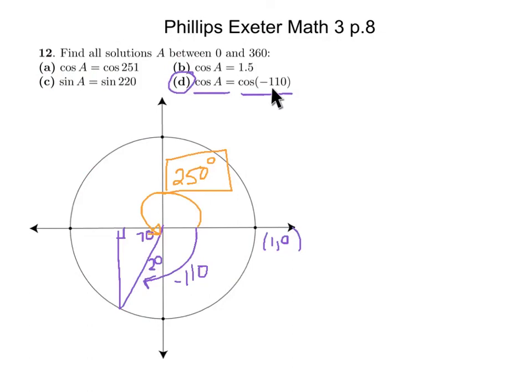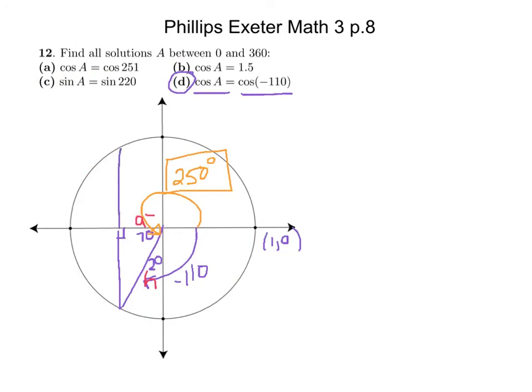Now we have to use the idea of cosine. Our cosine here, from the 70, the adjacent side is negative, and the hypotenuse is positive always. So now we have to figure out which other reference triangle we're going to use here. Well, we still want an adjacent side that's negative, so it's either here, there in quadrant 1, quadrant 4, and hopefully you see that quadrant 1 and 4 would give us an adjacent side in the positive direction, so it's got to be this one in quadrant 2.